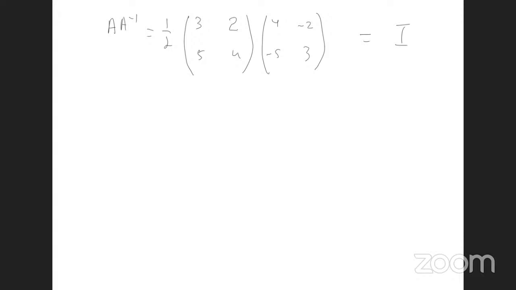Right, so let's multiply this out. So I'll leave in the half for last, right? Row by column, 3 by 4 is 12 minus 10.